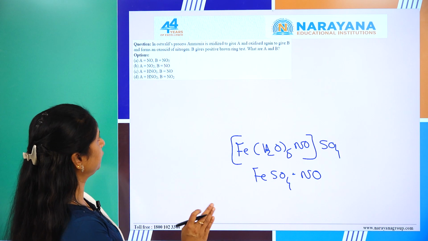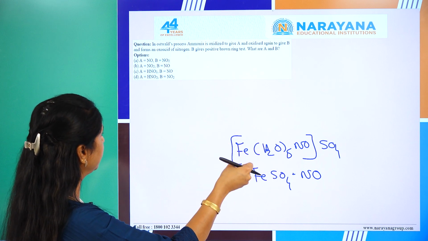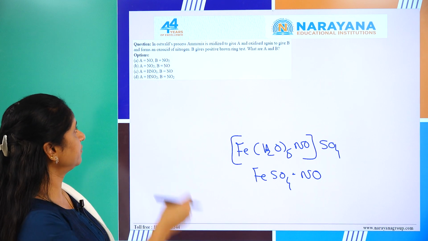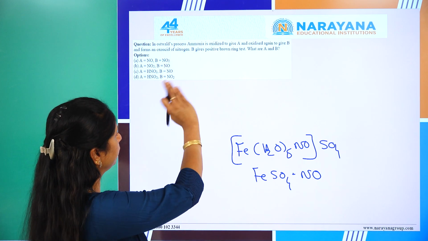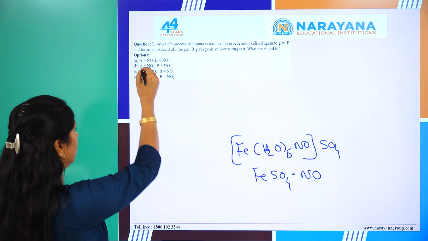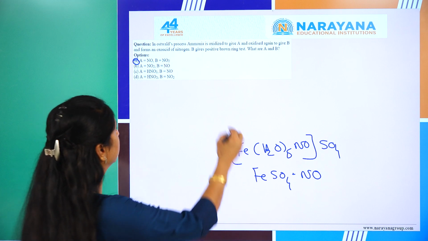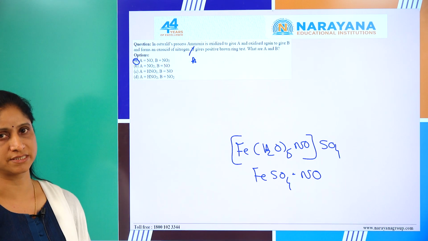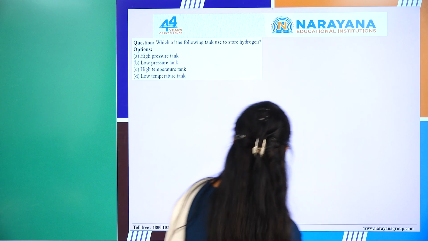So the correct framing is, if A is getting oxidized to B, A should be nitric oxide and B should be nitrogen dioxide, and the one giving the brown ring is nitric oxide. According to that, we just have to frame that question. I think the more appropriate answer will be option A, where A should give the positive brown ring test. Okay, I am going to the next question.